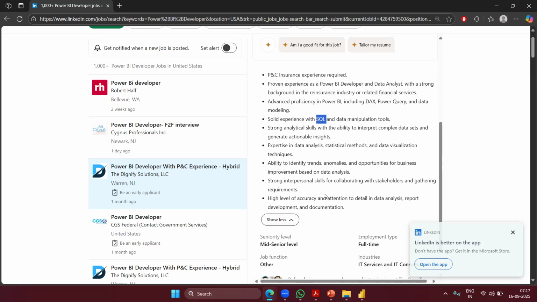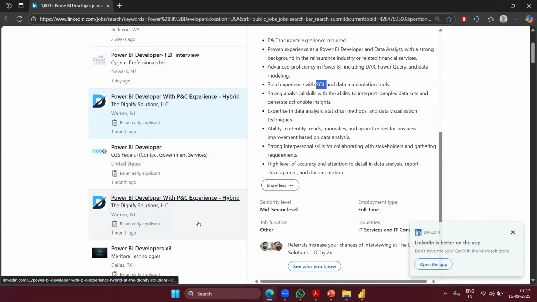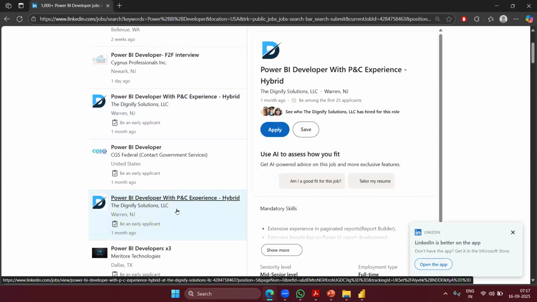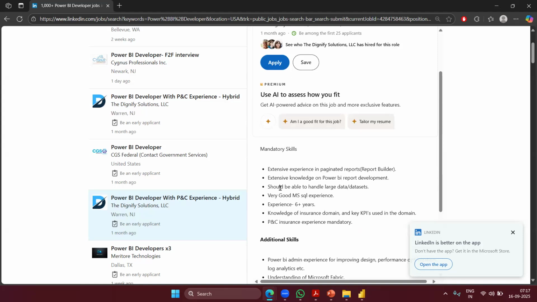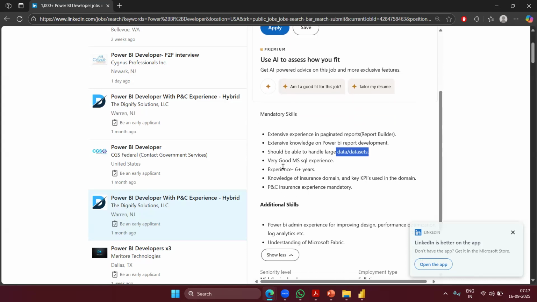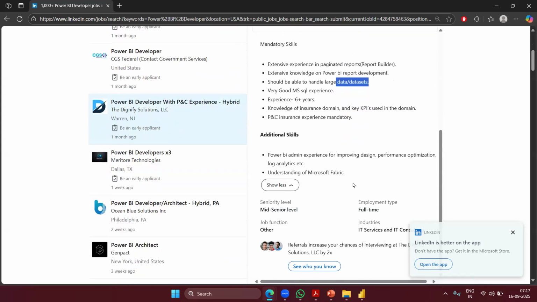They would be the basic things for Power BI developers or analysts. Extensive experience in paginated reporting, report building, excellent knowledge of Power BI, should be able to handle data and datasets, very good SQL experience, 6 years, like this.